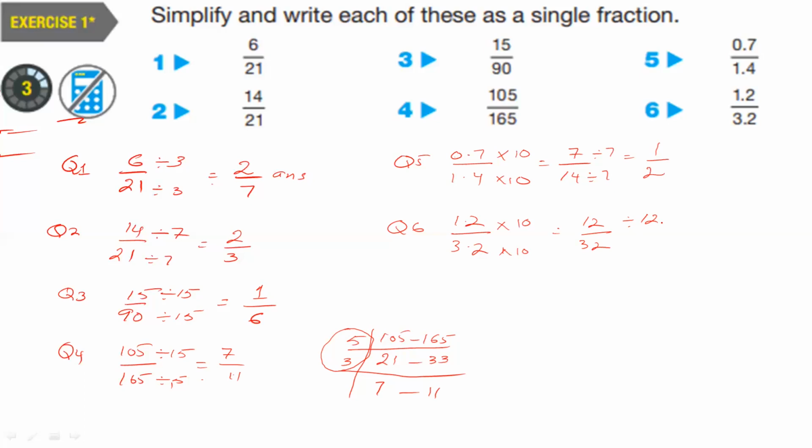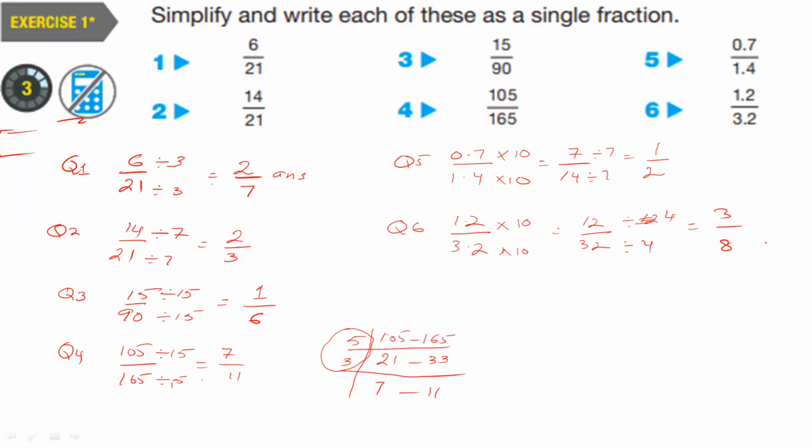So what we do is we divide both numbers by 4. 4 times 3 is 12, 4 times 8 is 32. So our answer for question number 6 is 3 upon 8.